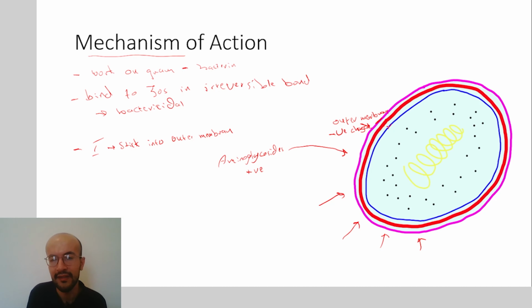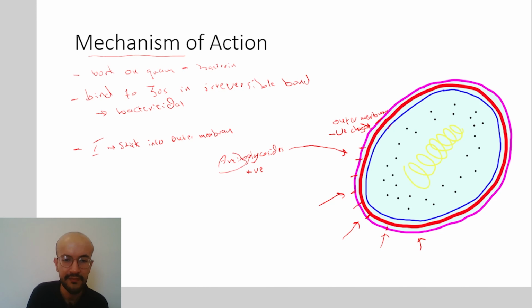Now, when the bacteria require nutrients, it opens the pores in the outer membrane, and this allows the drug to enter the bacteria, thinking that the drug is nutrients because it has an amine group.